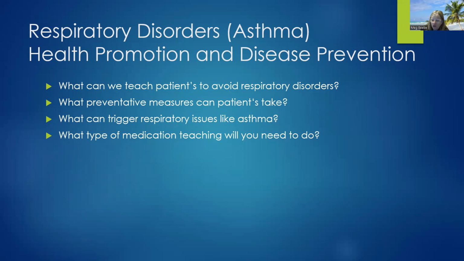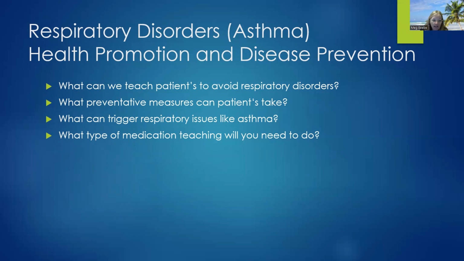If the client smokes, you want to promote smoking cessation. Advise the client to use any PPE or ensure proper ventilation while working in environments that contain carcinogens or particles in the air. Also, you want to encourage flu shots and pneumonia shots in older adults or those who have respiratory issues. Instruct the patient to avoid any triggers.